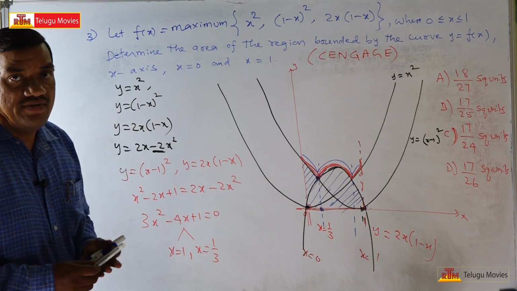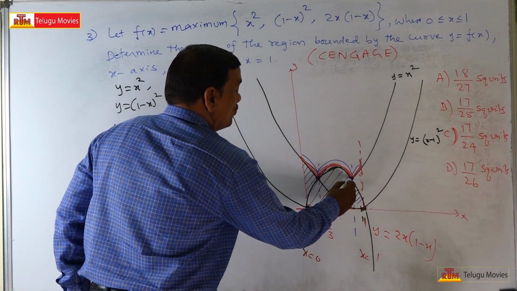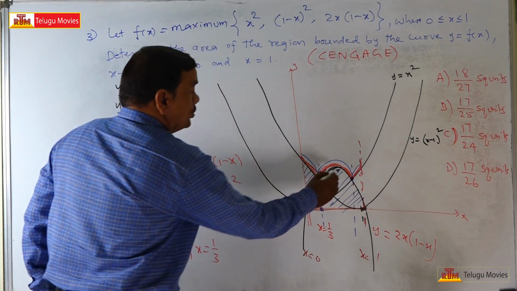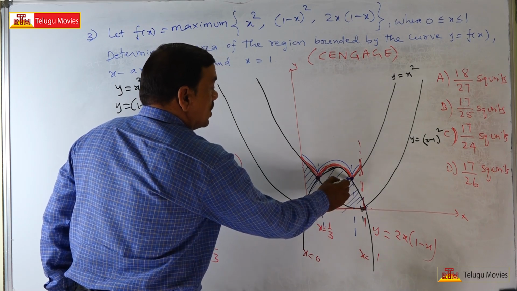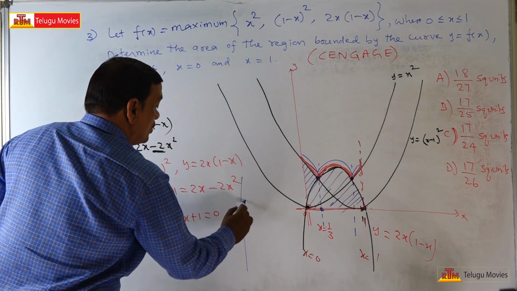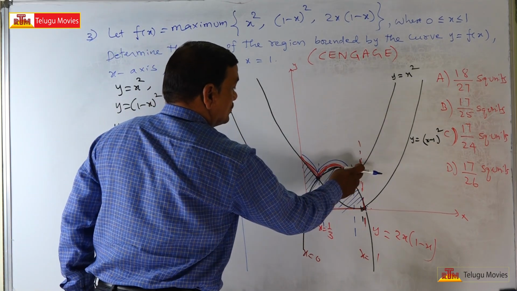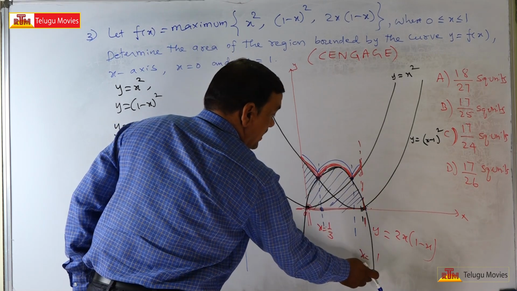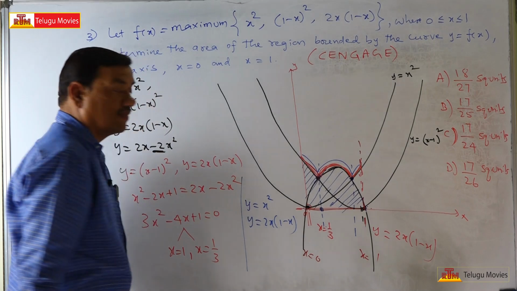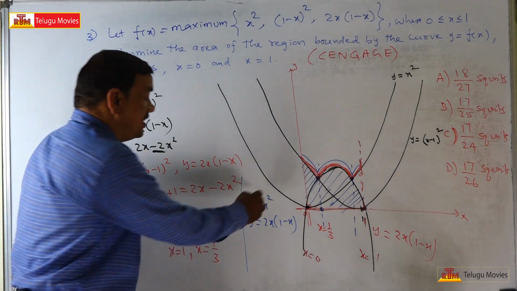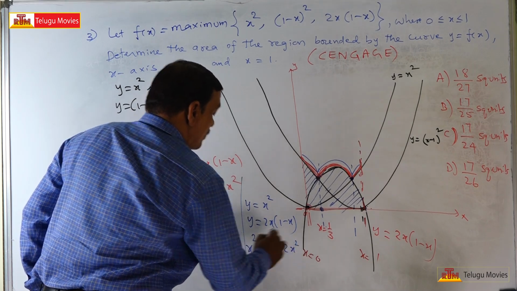Okay. Right, very nice. Now, how to find the point of intersection of the other pair? You have to solve the curve equations. This curve is y is equal to x square, and the other curve is y is equal to 2x of (1 minus x). Equate: x square is equal to 2x minus 2x square.